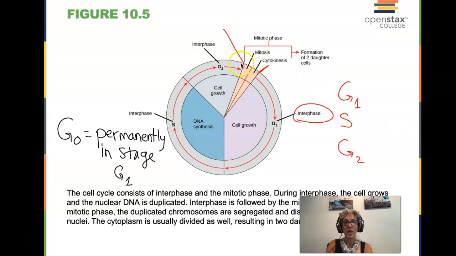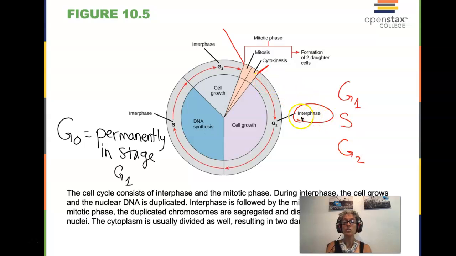This tiny little orange pie slice here is the mitotic phase, the actual cell division phase. The entire rest of the cell cycle is called interphase. So we have separate portions of interphase called G1, S, and G2 for the first growth phase, the synthesis phase, and the second growth phase.